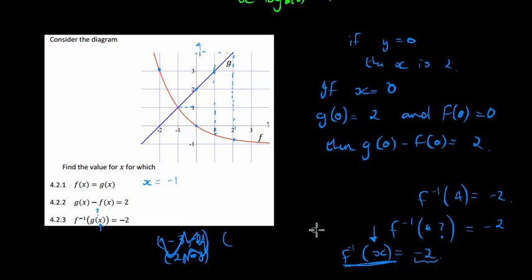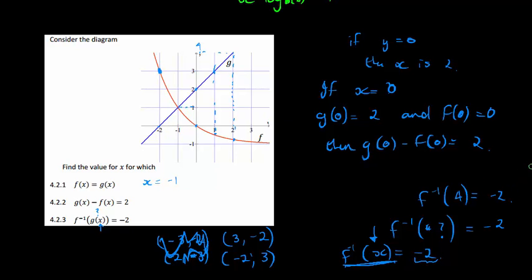You said if we put a 3 in there, we'll get negative 2. So on the inverse, if x is 3, y would be negative 2. Which means that if I turn this around, this must be a point on the original function. And it is.